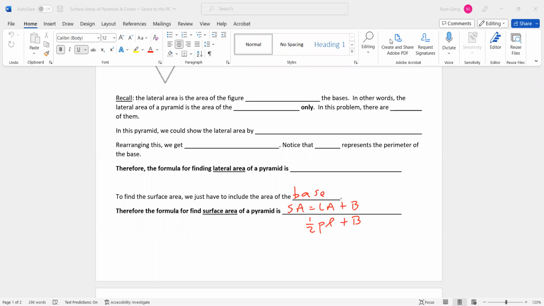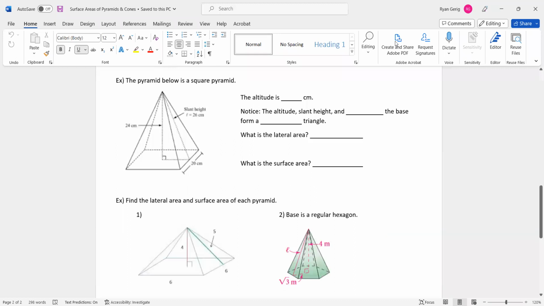All right, backside. The pyramid below is a square pyramid. Helpful information. The altitude is 24 centimeters in this one. The slant height is 26.